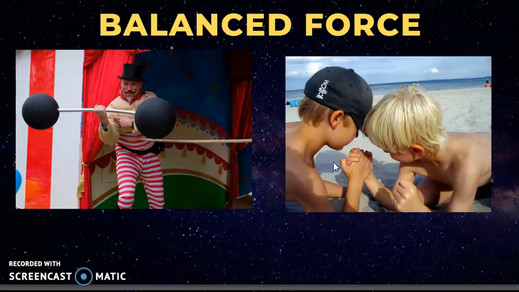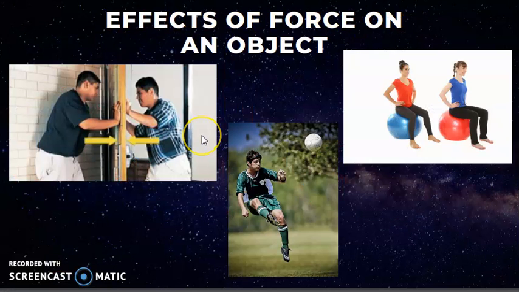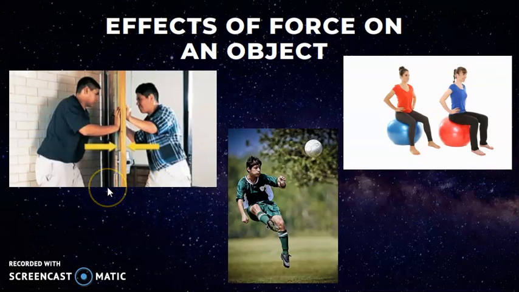Now let's study what effects force has on an object, how force affects various features of an object. So when you apply force, what all changes can you see in an object? Yes, sometimes it changes direction, sometimes it changes shape, sometimes it changes its speed, right?